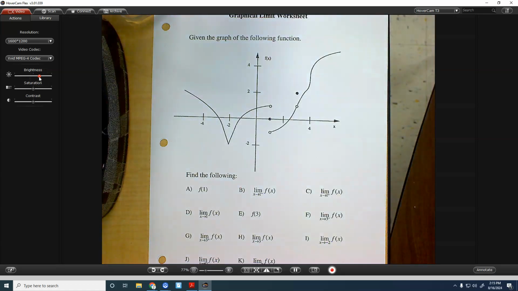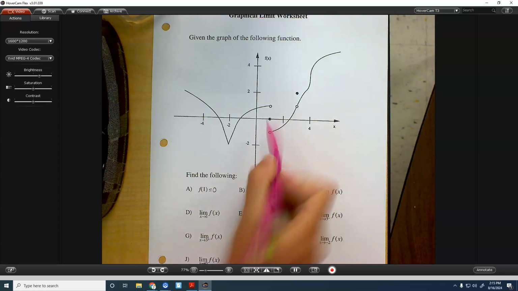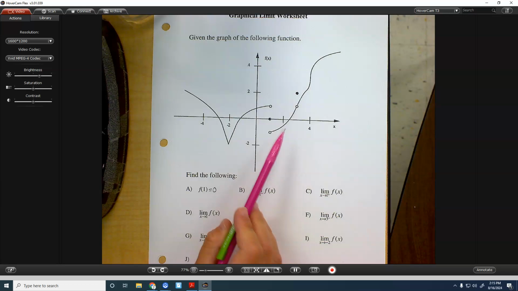Okay, so f of 1. What do you guys think? Let's see. Yes, that's correct. Sorry, I had to look for a second. I was counting that as 1, so that's what was confusing me, but this is 2.